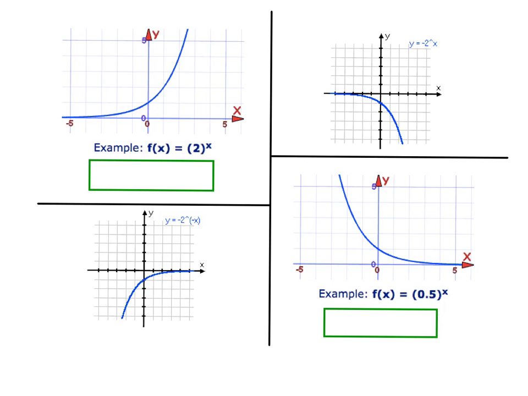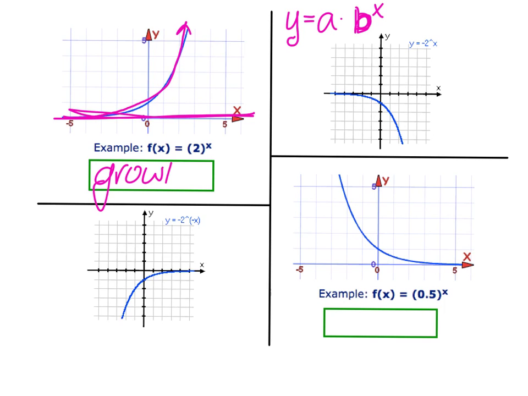Now this next graph just shows the different types of exponential equations you can have. And remember, our generic form of an exponential equation is y equals a times b to the x. And we had some stipulations. But remember, we're going to get more into that the next day. But looking at these graphs, this first one, where it just curves up and it's above our x-axis, this is a growth function.